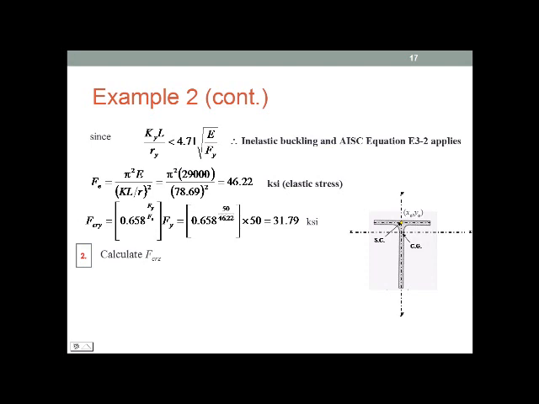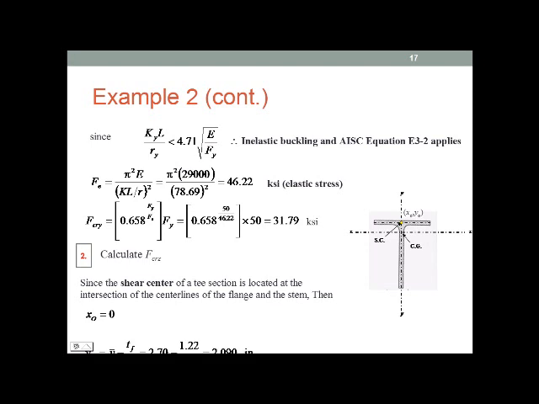Step 2. Calculate F critical Z. F critical Z is the resistance to torsional buckling. Since the shear center of a T-section is located at the intersection of the center lines of the flange and the stem, then x0 equals 0, y0 equals y bar minus T flange over 2.